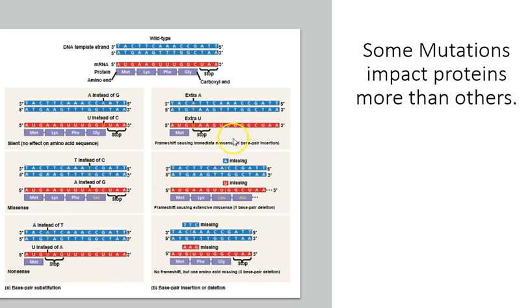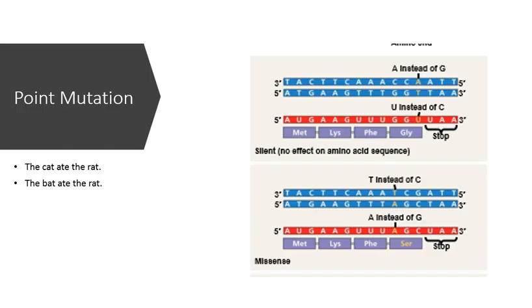A frame shift mutation, on the other hand, is when you usually delete or add a nucleotide in the DNA molecule, or you accidentally add an extra. What that does is that changes all of the codons for the rest of it. I'm going to show you in a second a better example of some different frame shift mutations. However, first I wanted to review the point mutation.